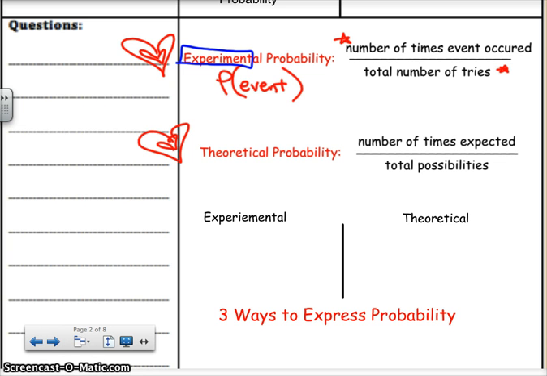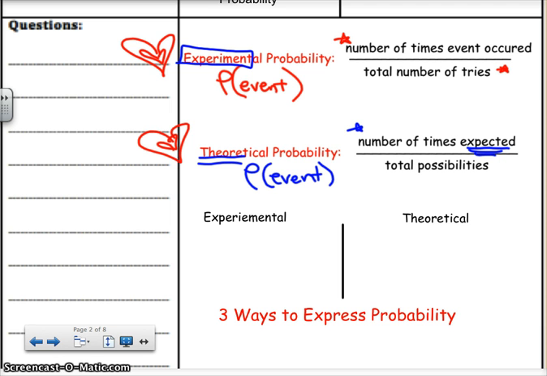Theoretical probability states the probability of an event, P parentheses event, is equal to the number of times you would expect, theory, an event to happen over the total possibilities. So you really look at the root words there.